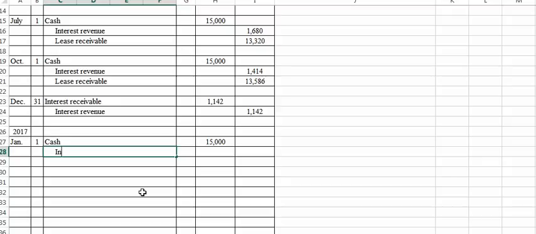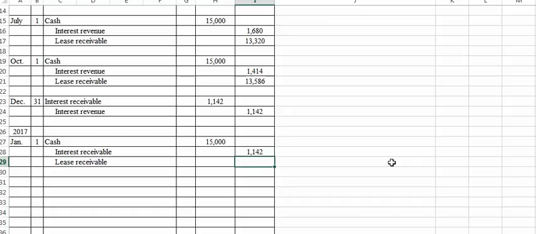So we're going to credit interest receivable for the 1142, the amount it placed in interest receivable at the end of the prior year. We've now been paid, so that's no longer receivable. And then we're going to credit lease receivable for the difference in these two.